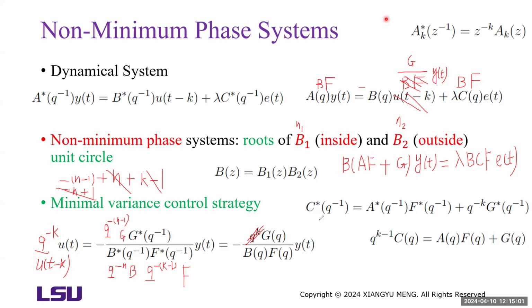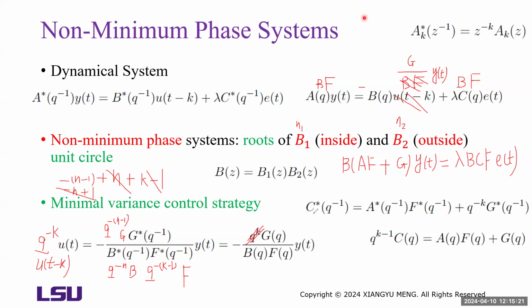Again, let's convert the reciprocal polynomials A star, C star, F star, and G star into C, A, F, and G. Again, we will use this relationship.